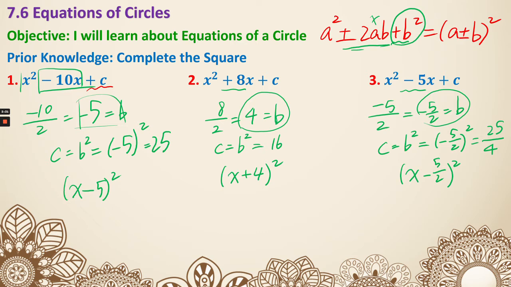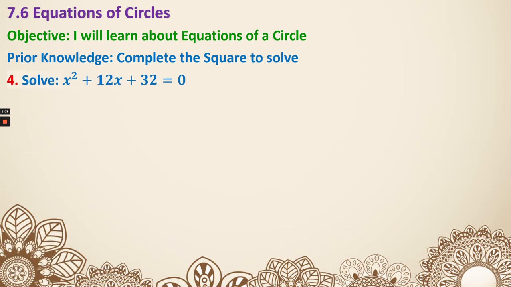Now let's use completing the square to solve equations. Next, we are going to first move this number over so that we can add something extra to complete the square. We're going to have x squared plus 12x, then leave a blank, equals negative 32. So next, we are going to find whatever number we need.